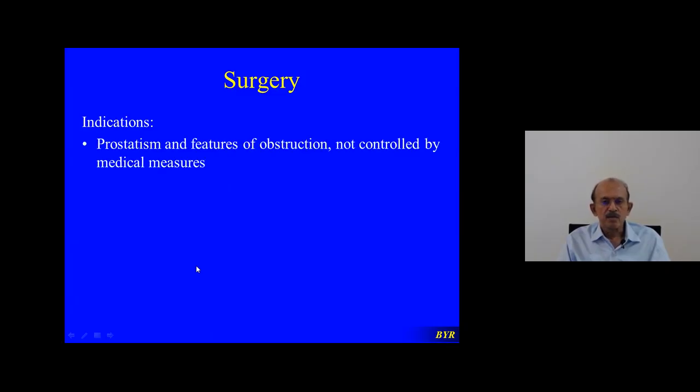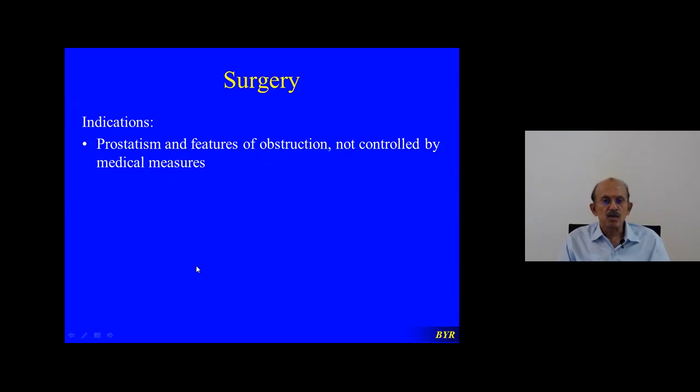Surgery indications: prostatism and features of obstruction not controlled by medical measures. So you give medical measures, but the patient is feeling a lot of difficulty. He has to wake up a number of times in the night. The stream is very narrow. He has to wait in the bathroom to pass urine for minimum 15 minutes. And again, every hour he has to go to the bathroom.